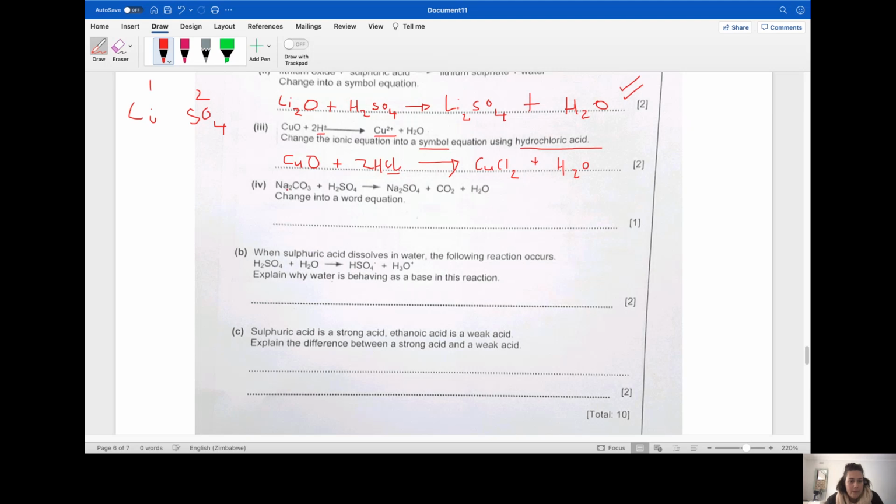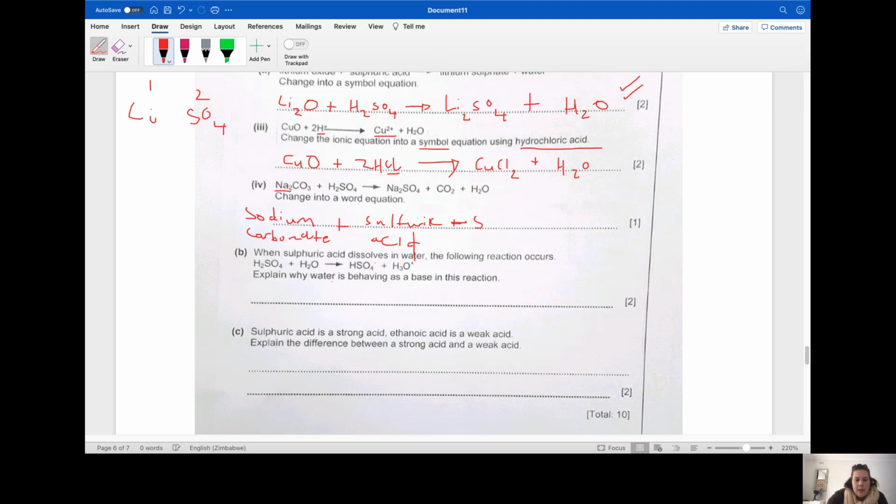So you had to figure out you got CuCl2. We had to change this into a word equation. This is sodium. CO3 is carbonate. Sodium carbonate. What is H2SO4? Sulfuric acid. You had to learn that. Sulfuric acid.